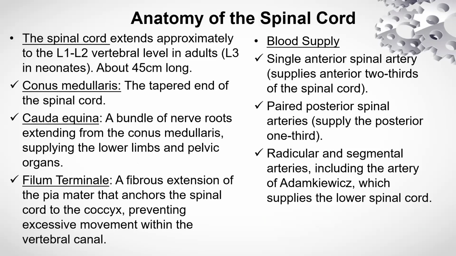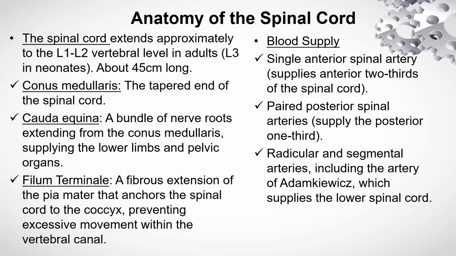So the spinal cord, we need to just remind ourselves of the anatomy of the spinal cord, which extends approximately to the L1, L2 vertebral level in adults, and in neonates about the L3 vertebra.